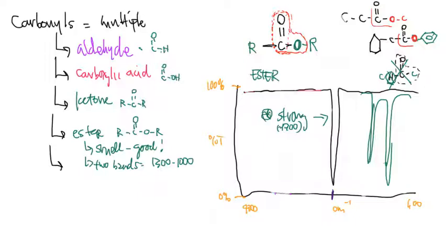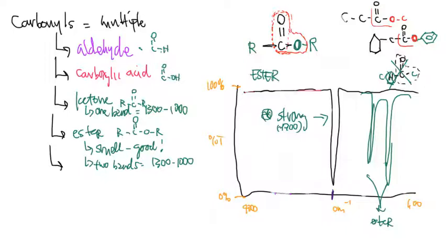Because the kicker here is that if I have a ketone, the ketone will only have one band, and that one band happens between 1300 to 1000. So if I see two of these that show up in this range, it is an ester.